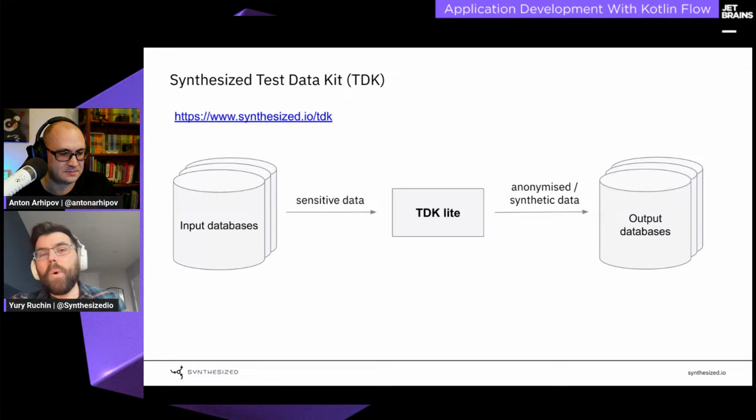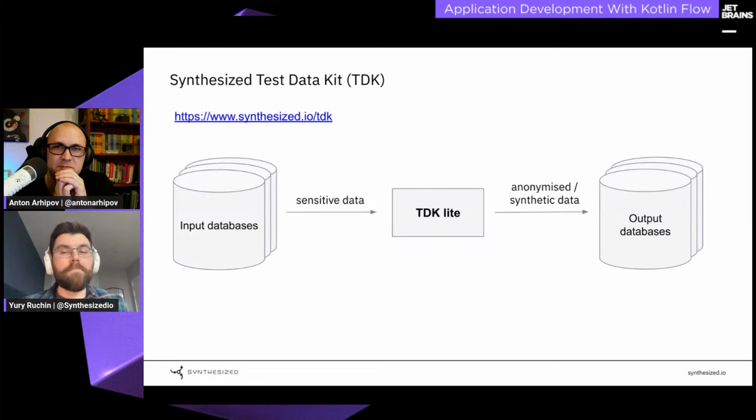It can be business know-hows, like financial data, maybe user data, which is subject to privacy concerns and stuff like that. However we define this sensitivity term, we cannot allow such data to leak into less protected environments, such as local development environments, or staging, or maybe a CI environment as well.